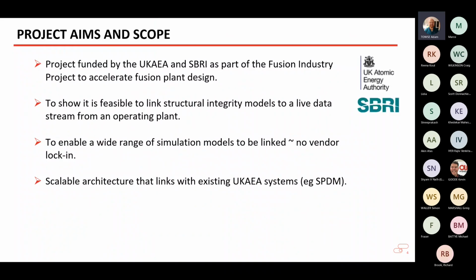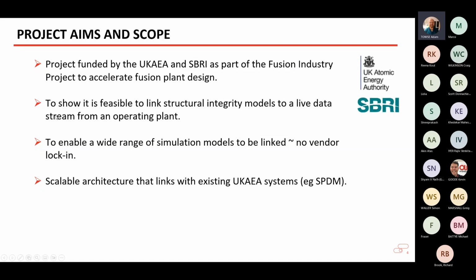Okay, so up front, what we were trying to achieve. Well, first of all, it was a project that was funded by the government, by the SBRI, Small Business Research Initiative, I believe it stands for, in conjunction with the United Kingdom Atomic Energy Authority, as part of a project to try and accelerate fusion plant design going forward for that sector.